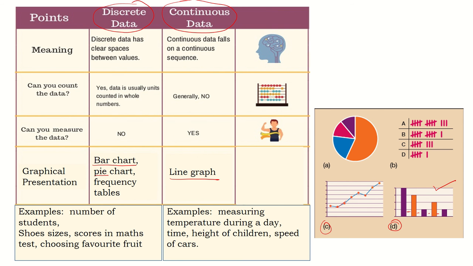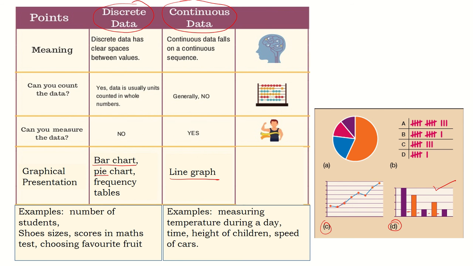Can we measure discrete data? No, we cannot measure it, but we can measure continuous data, like measurement of temperature, length, height, weight, speed of a car, and so on. These are actually measurements, and these can be shown in decimal numbers, like 21.5 degrees Celsius.